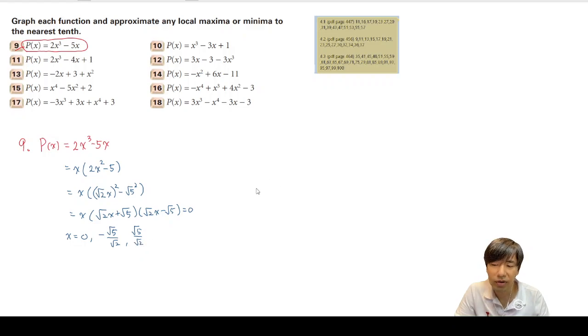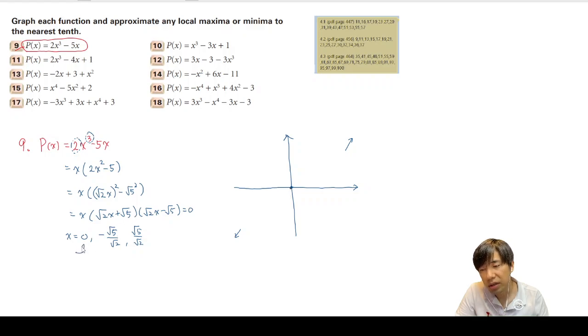So when you graph this, since this polynomial's highest degree is 3 and the leading coefficient is positive, the right end must rise and the left end must go down. And we know that its y-intercept is 0 because there's no constant term. So it's right there. In fact, the origin is both an x-intercept and y-intercept.